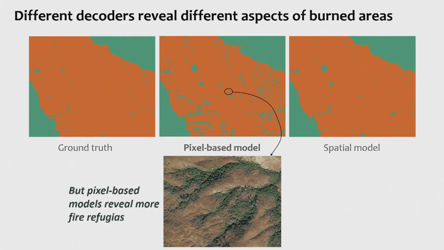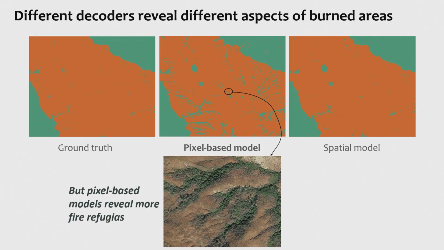And when you do that, this is just one example of a ground truth data on the left, somebody painstakingly drawing it out. The pixel approach doesn't quite tally with that, and what we see is quite a lot of little bits of forest left in the burn scar, which the experts haven't picked up on. But when you look at the map, you can see that there are little bits of forest left which were left over, little refugia in the site.